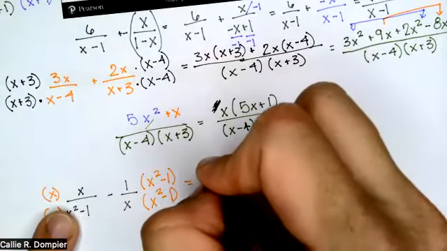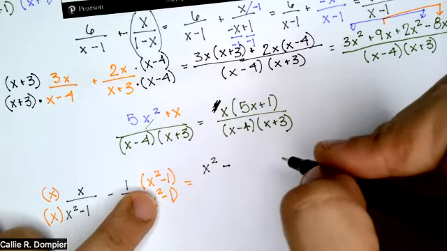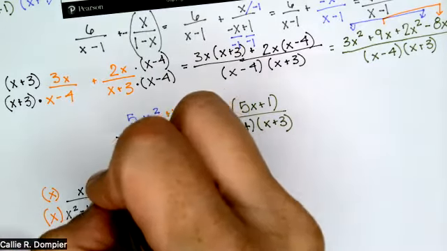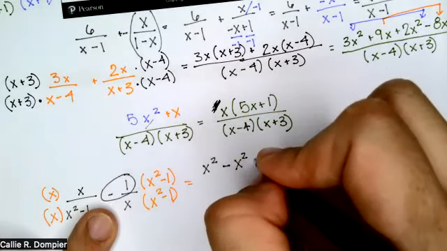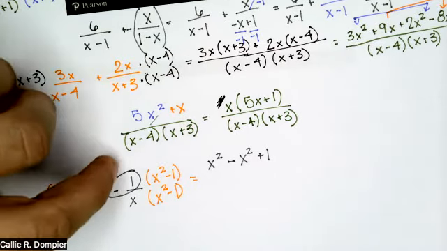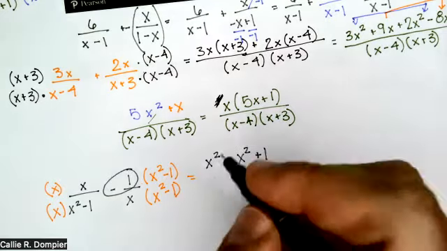So this is now x squared minus 1 times x squared minus 1, but it's all minus. So it has to be minus x squared plus 1. Is that okay? Because I'm multiplying it by a negative 1, so I change that sign and that sign because of the parentheses.